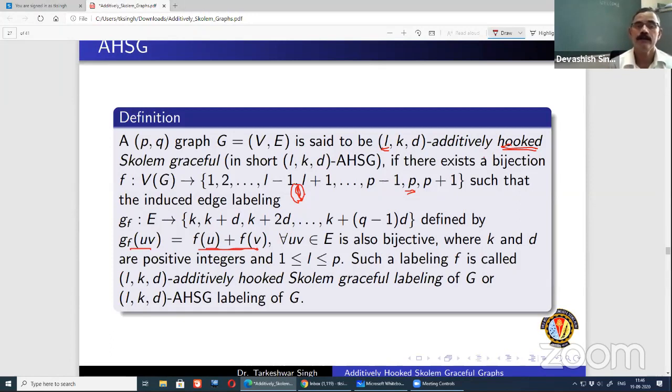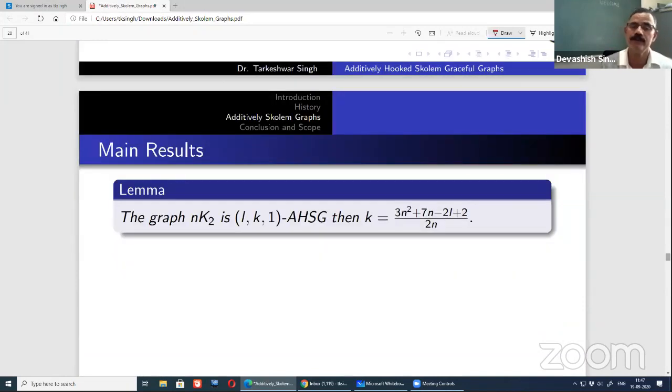And if you are able to get the edge labels as k, k plus d, k plus 2d, up to k plus q minus 1 into d, then we say that this is an additively hooked Coulomb labeling, and the graph which admits such a labeling, we say is an additively hooked Coulomb graceful graph. So we have a set of numbers: 1, 2, and so on, up to L minus 1, then L plus 1.